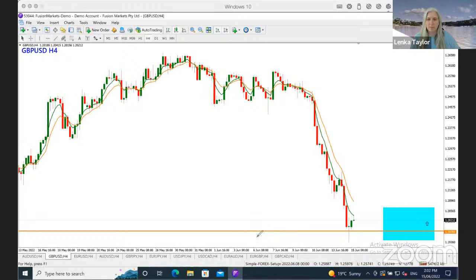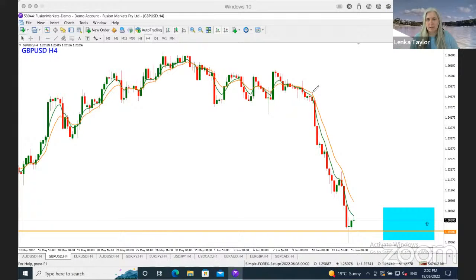Or we would look for something like a higher low, like so. Okay, so at the moment we don't have any such price action, so we need to wait a few more candles, even days, to see if we have such a pattern.